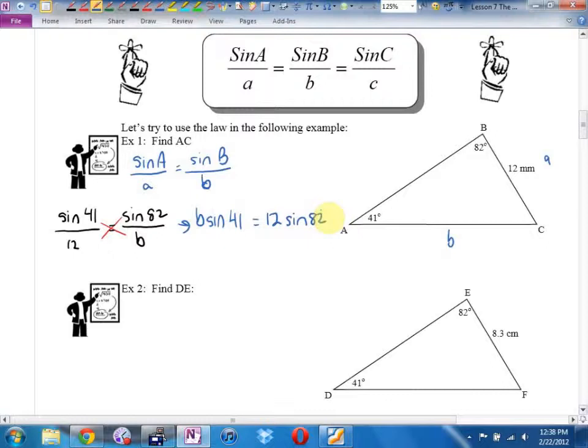Yeah. Okay? We're going to go like this. B is equal to, so I'll make a little note here. Divide. I'm running out of room, otherwise I'd like to show that step. It's going to be 12 sine 82, this side, divided by what you wanted to get rid of and move over.